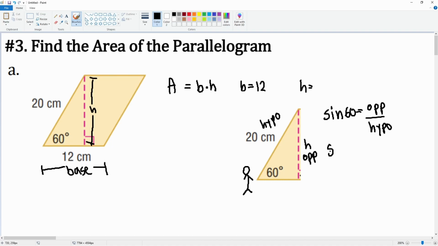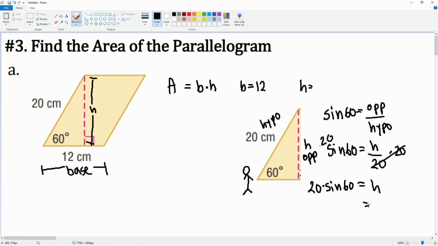So sine of 60 is equal to the height, which is the opposite, over 20, which is the hypotenuse. Multiply 20 to both sides, because this is how we get this to cancel. Now we get h alone is equal to 20 times sine of 60 degrees.